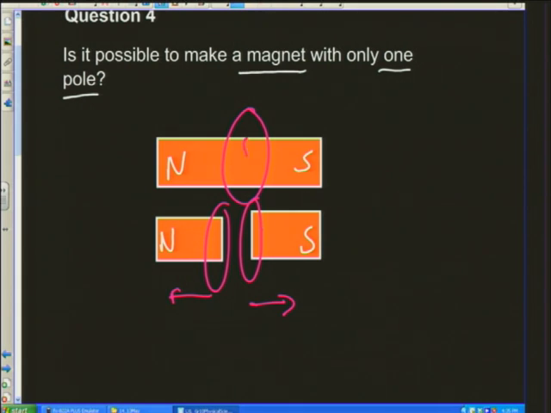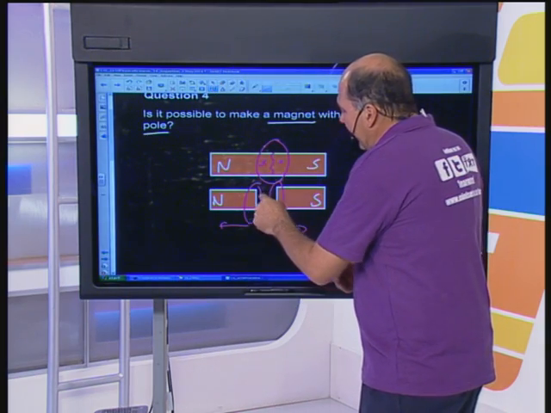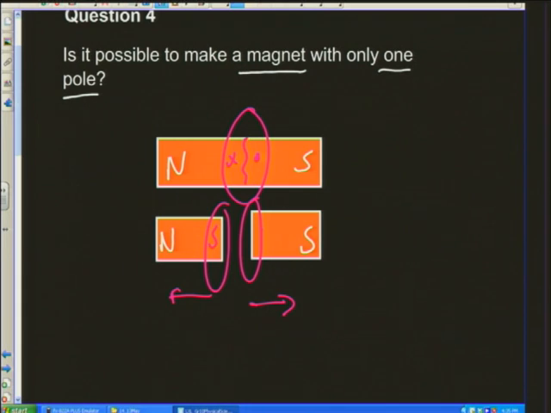So in fact, if we cut down there, there's something holding this end to that end. They want to stay together as one piece. And if they want to stay together as one piece, then they must be opposite poles. And so the argument goes that must be south and that must be north.